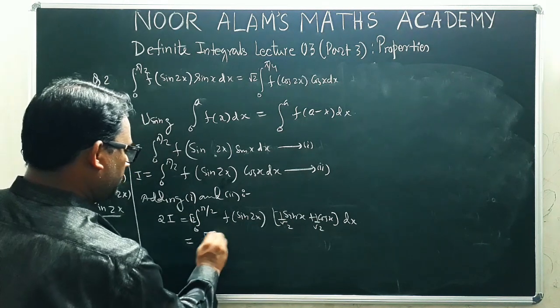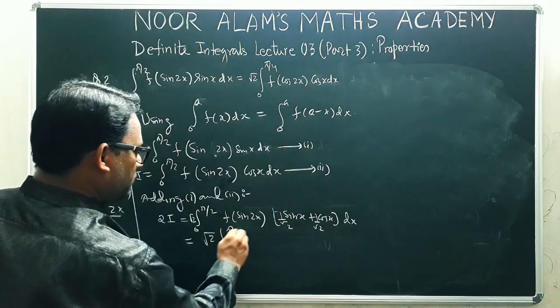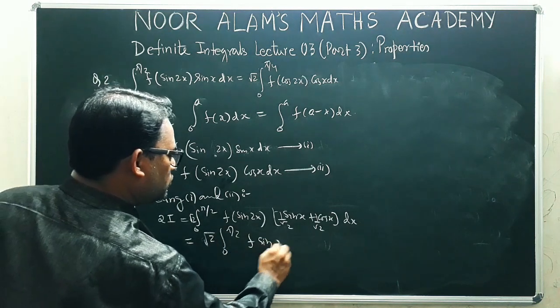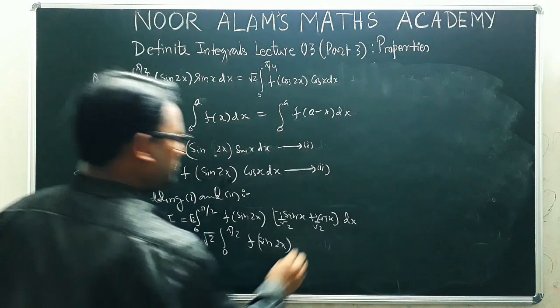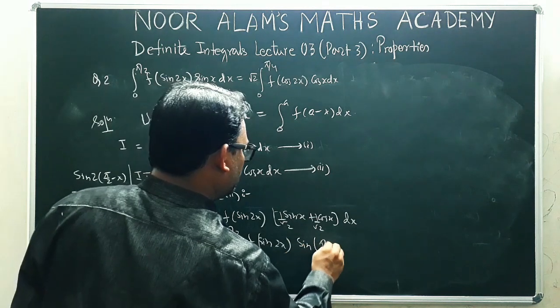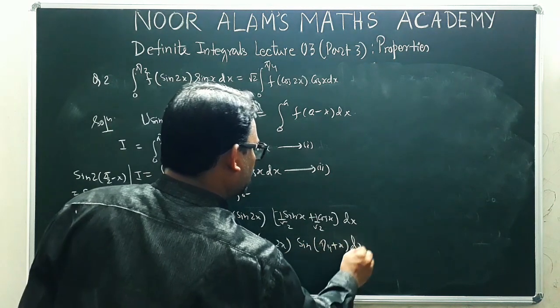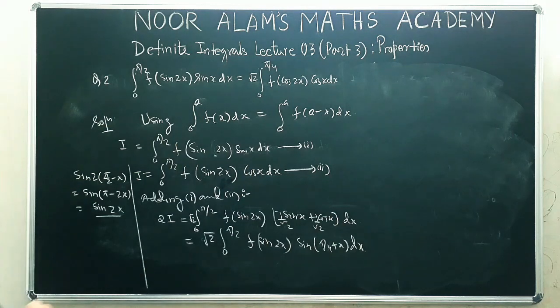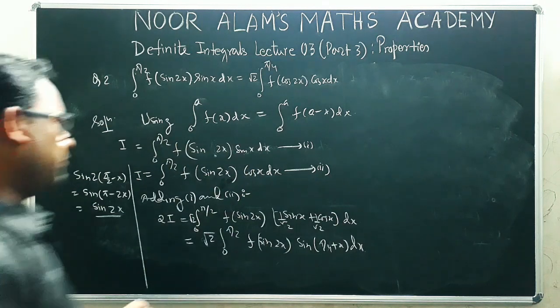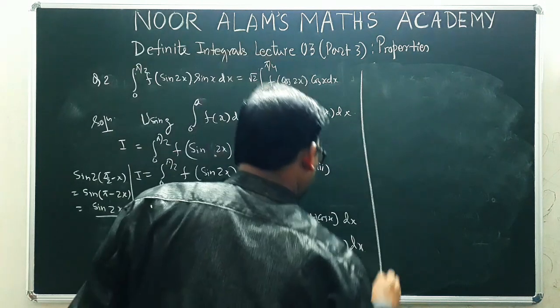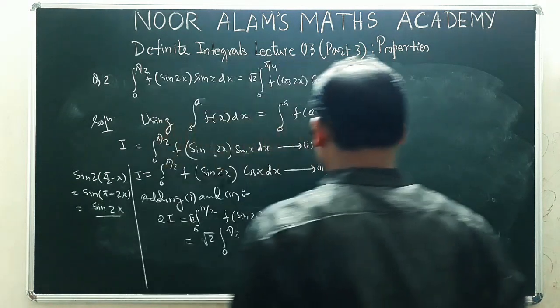So we can write it this way: root 2, integral from 0 to pi by 2 of f of sine 2x, and this will be in the form sine of pi by 4 plus x dx. Is it clear? Now after that we do some substitution so that we get our desired result.